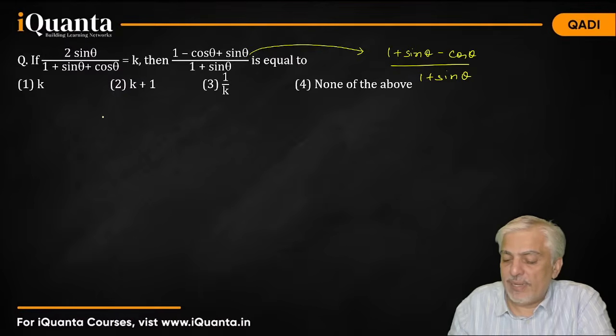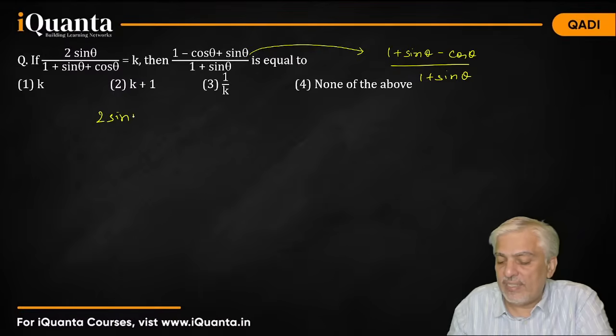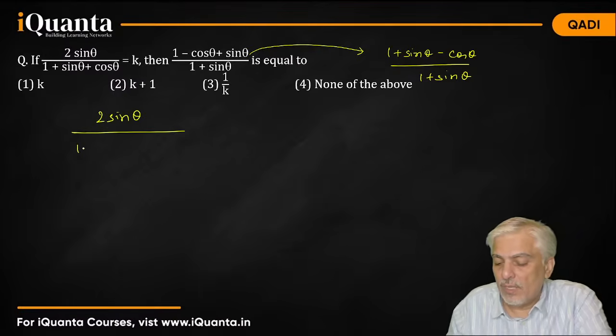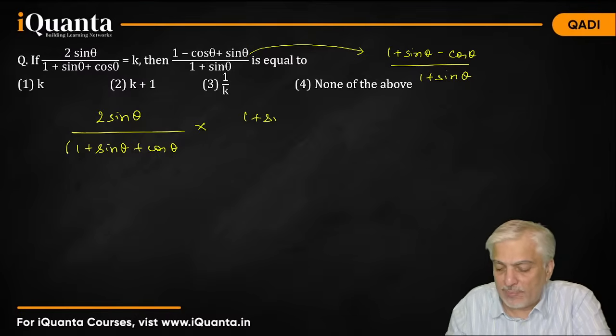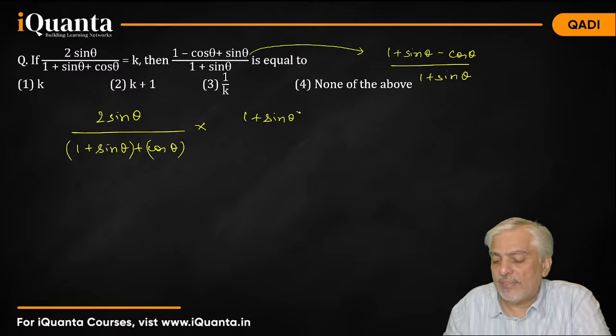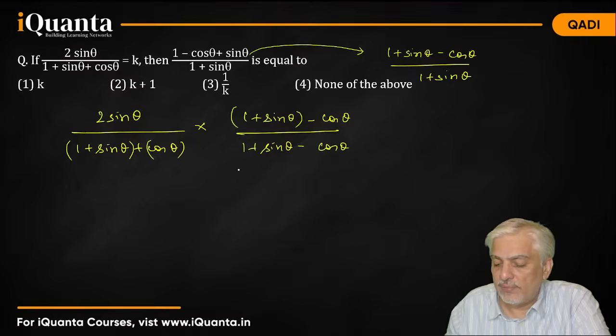That means if I take my question, 2 sine theta upon (1 plus sine theta plus cos theta), and I multiply it by the conjugate, not the exact conjugate, but if I take 1 plus sine theta as a bracket, and now I take the conjugate, I'll get (1 plus sine theta minus cos theta) upon (1 plus sine theta minus cos theta).